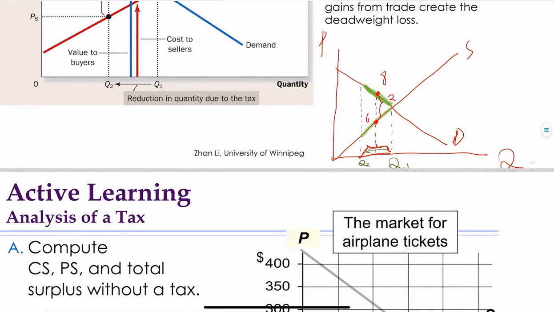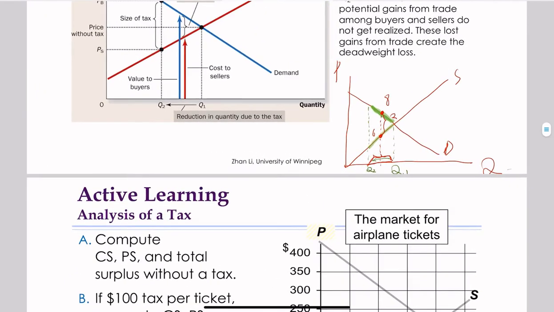So that's why tax will cause deadweight loss. It's just because after imposing tax, the quantity drops from Q1 to Q2. So this $2 total surplus we just talked about cannot be realized, right?